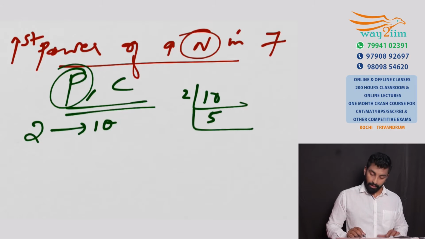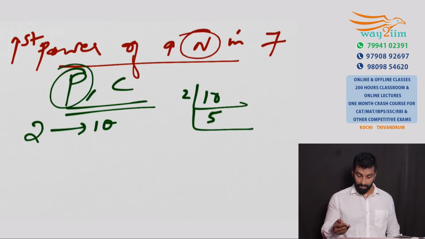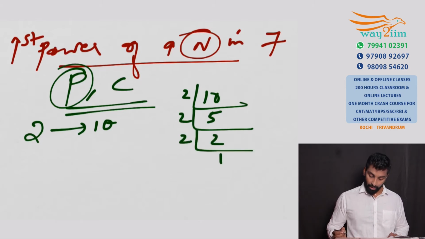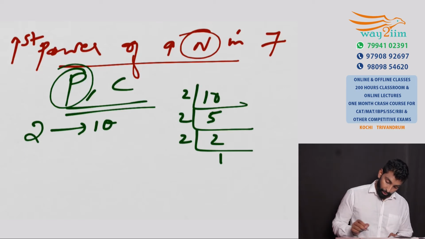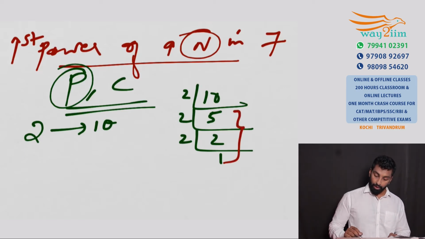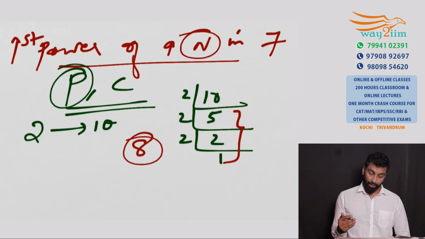You continuously divide till you get a number which is not divisible. So divide 5 by 2, you get 2, divide again, you get 1. Now you cannot divide. So the number of 2's in 10 factorial is 5 plus 2 plus 1, which is 8. So 8 2's are there in total.